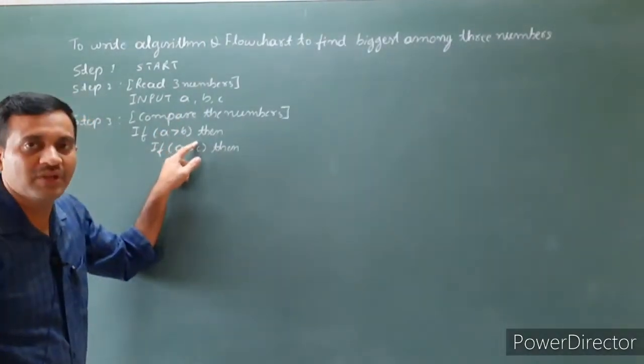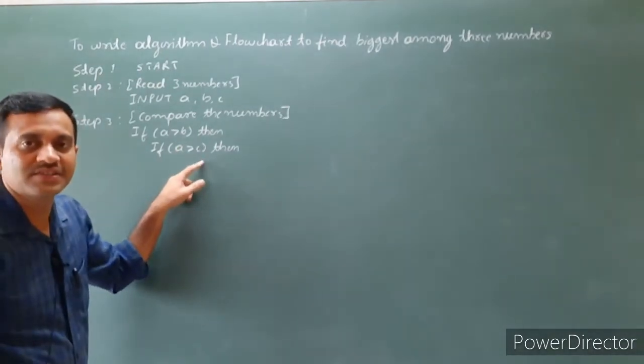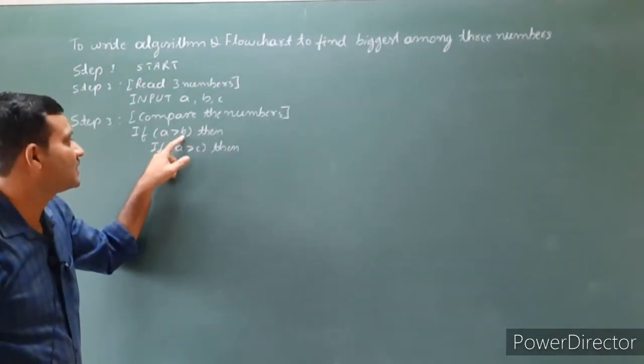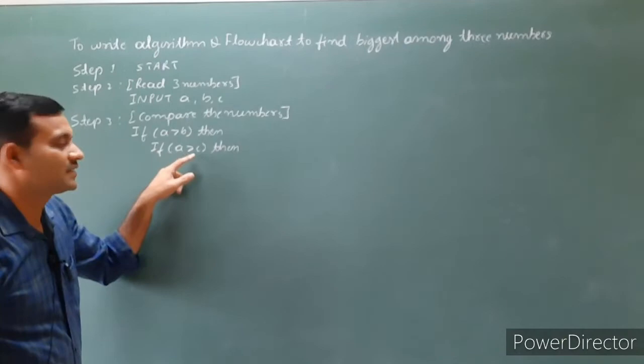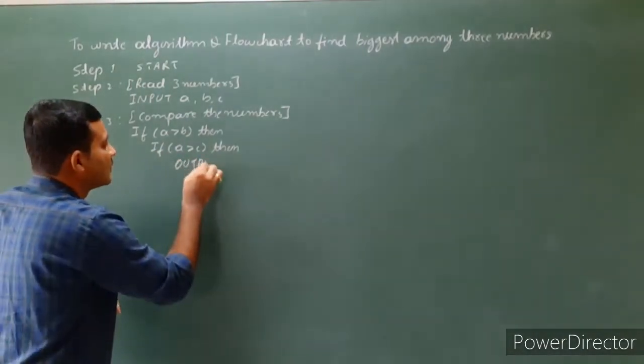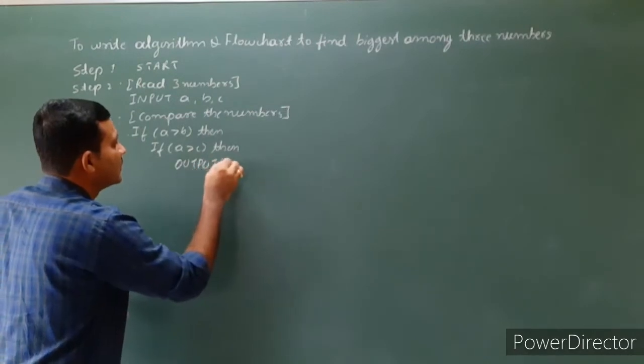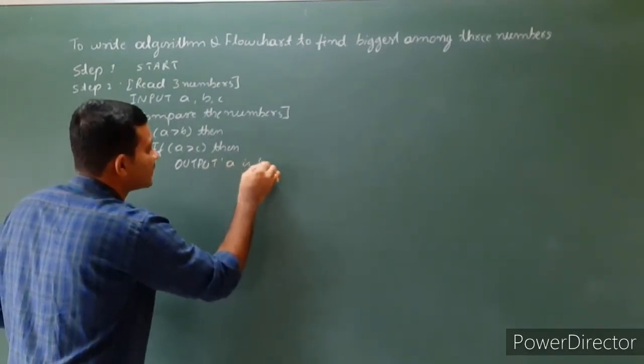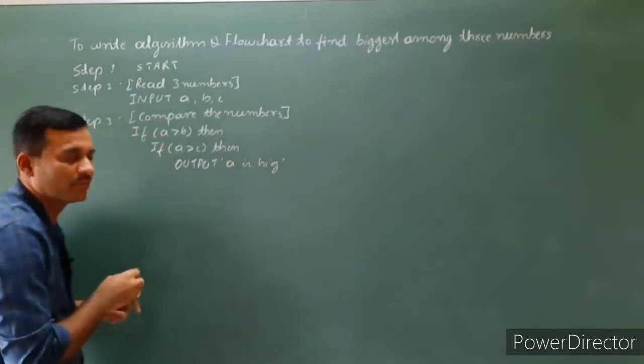If A is greater than B is true, and A greater than C is also true, then output A is the biggest number.